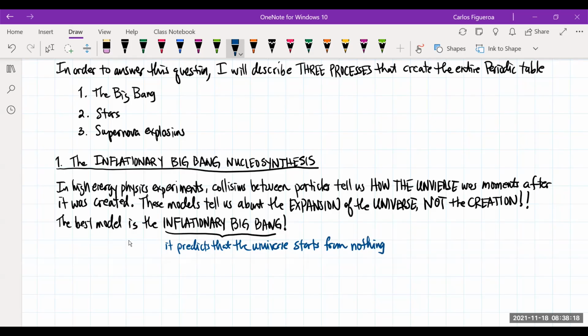In other words, we don't know, to something. Look how vague that is. It starts from nothing to something.